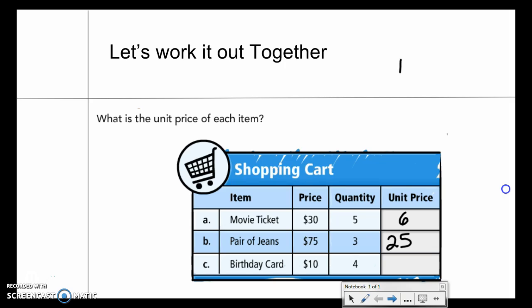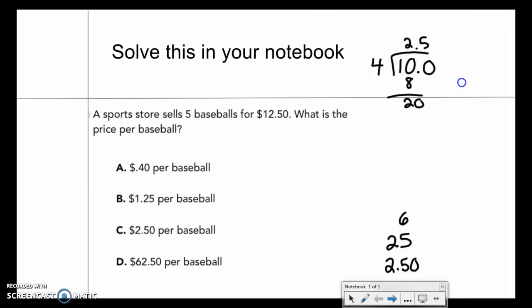Alright, so again, write down the price because you're trying to find the unit price, divided by the amount of units, which is 4. 4 goes into 10 2 times, with 2 left over, but you're paying money, so you're going to have a decimal. 4 goes into 20 5 times. So it's going to be $2.50. Okay? Whoops. Work, eraser, work. There it goes.